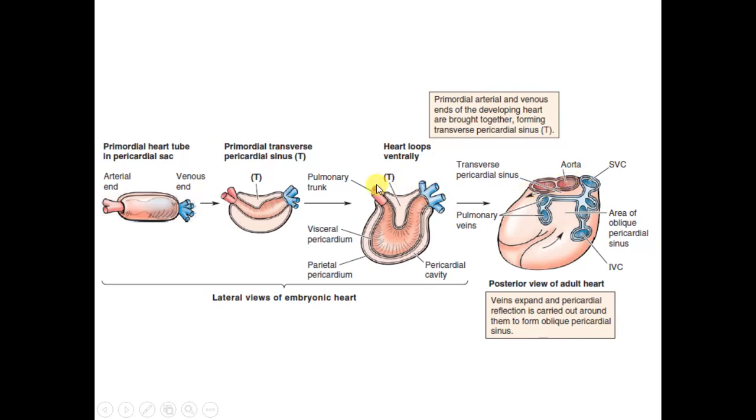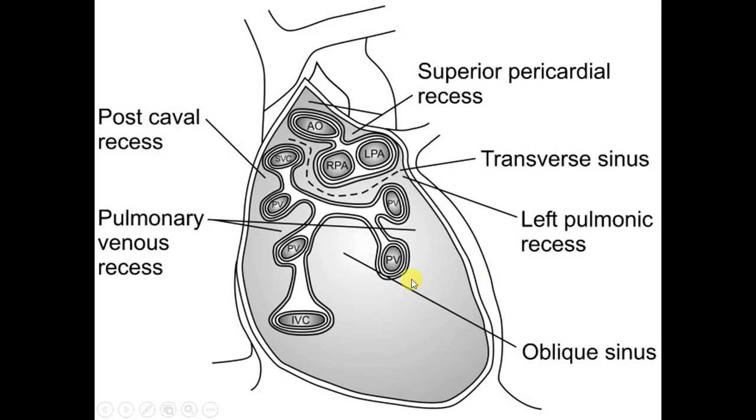So it is basically a sinus between the outflow and inflow of the heart. The posterior view of the adult heart has been shown here. Again we see the pericardium, showing the sinuses of the heart basically.